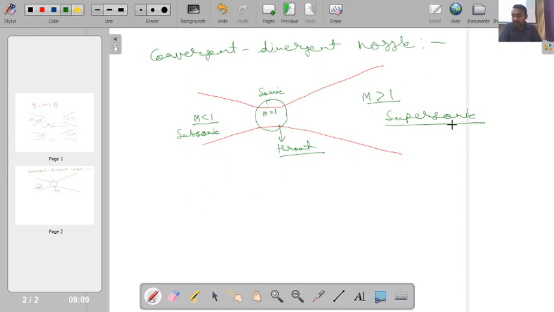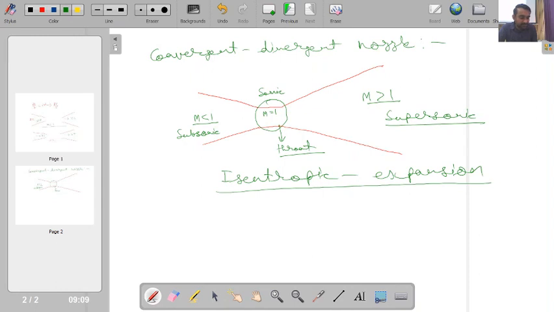The relation we derived, dA/A equals (M squared minus 1) dV/V, was derived by considering the assumption of isentropic flow. So this process is nothing but the isentropic expansion of the flow.